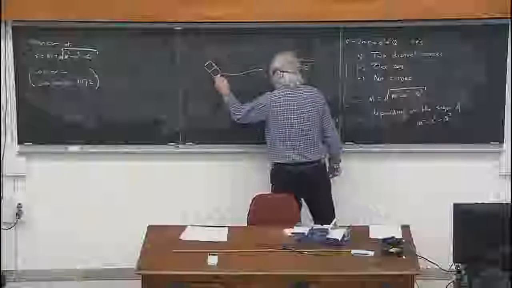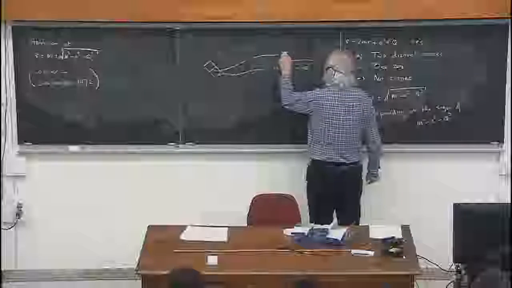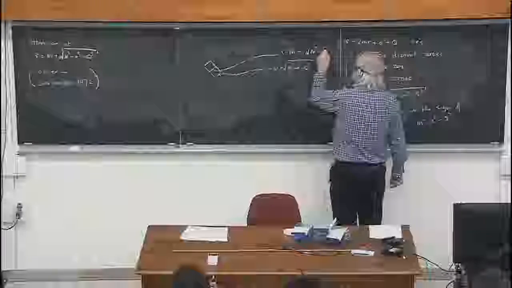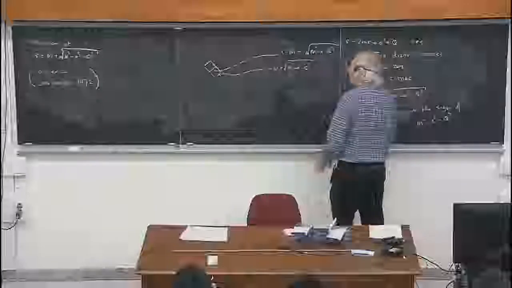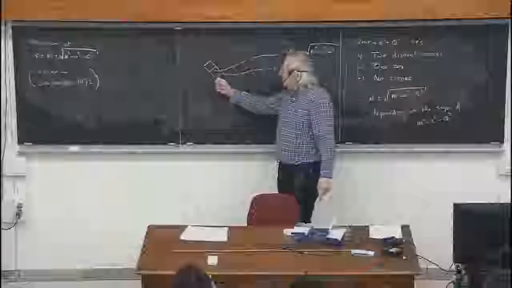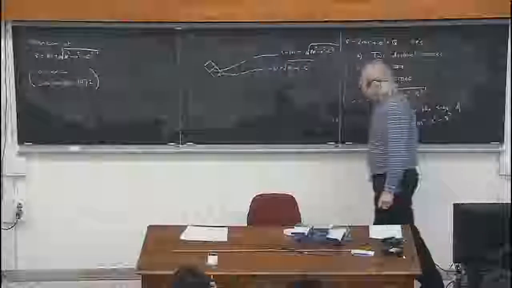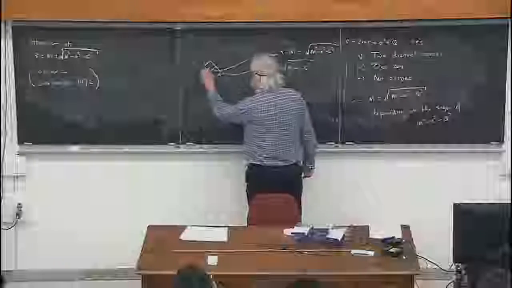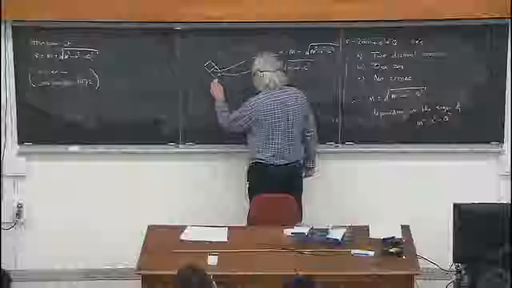This surface here will be at r is m minus the square root of m squared minus a squared minus q squared. This thing is sometimes called the inner horizon, and this one is usually called the horizon.